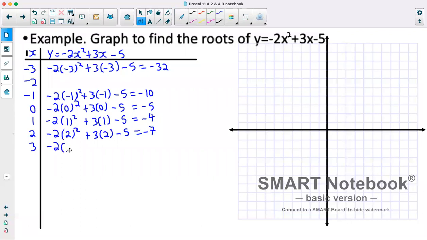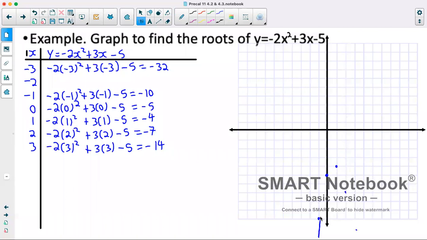So we have -2 times 3 squared plus 3 times 3 minus 5. 3 squared is 9 times -2 would be -18 plus 9 is -9 minus 5 is -14. So we'll graph what we have so far. At -1, we're at -10. 0, we're at -5. 1, we're at -4. 2, we're at -7. 3, we're off the graph.